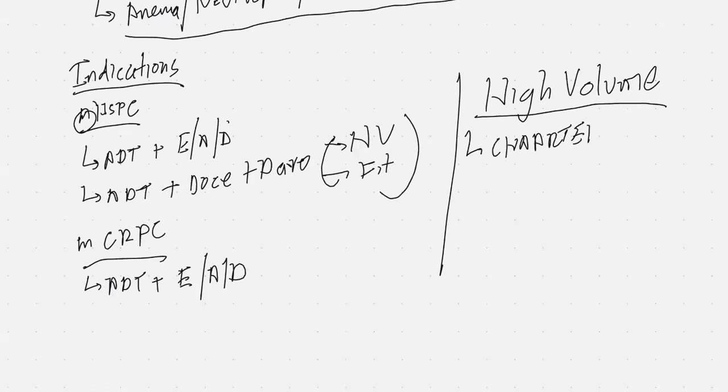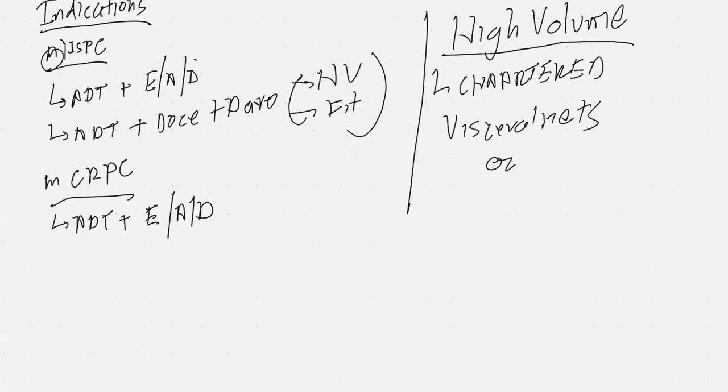The presence of visceral mets, for example liver mets, or the presence of bone mets, that is four or more bone mets with at least one or more involving bones outside of the vertebral body or the pelvis.